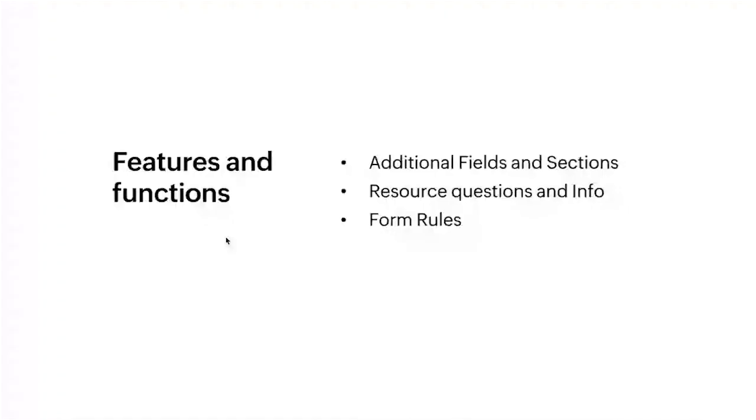Taking you back, we saw how to collect contextual information with resource questions and visualize these resources as well. Then, we explored how to make your forms dynamic with the help of form rules. And that is how Zilker was able to collect relevant information from their end users. Now, let's trace the entire journey from the beginning that we have seen so far.